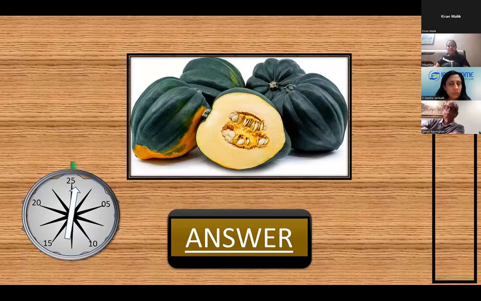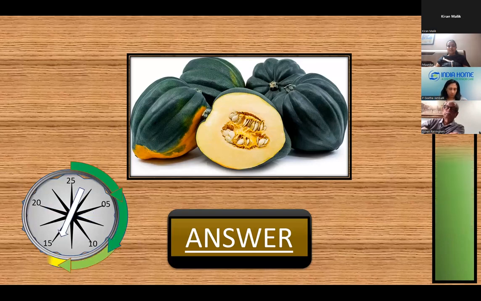But pumpkin, just like a pumpkin. Yes, it is pumpkin. You're right about the guess. But do you have a guess for the specific name? No, in Gujarati we call it kola. Okay. Let's see what it is in English. Acorn squash. Yes, you are very right about it.